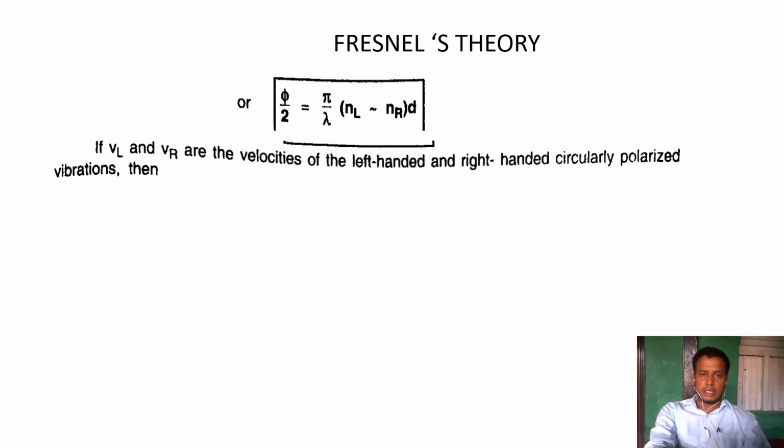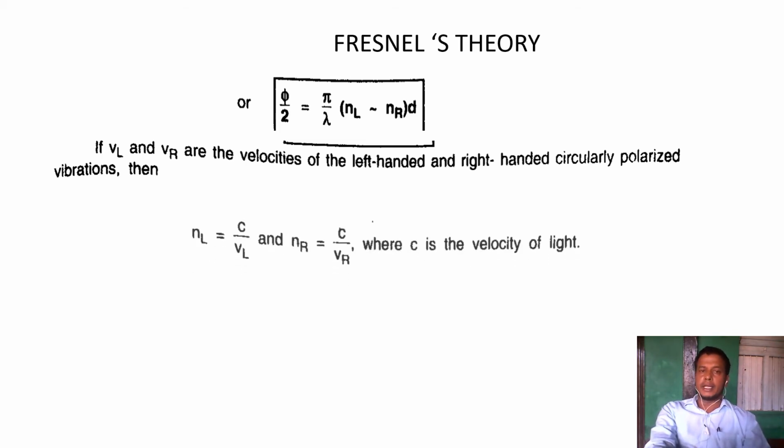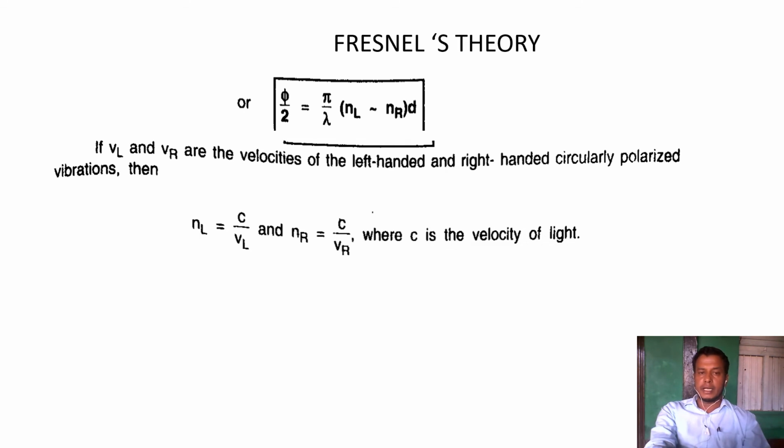Now consider the refractive indices in terms of velocities, vL and vR, the velocities of the left-handed and right-handed circularly polarized vibrations. The refractive index of the left-handed is given by c by vL and of the right-handed by c by vR, where c is the velocity of light.